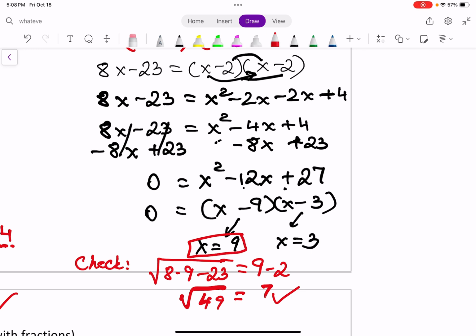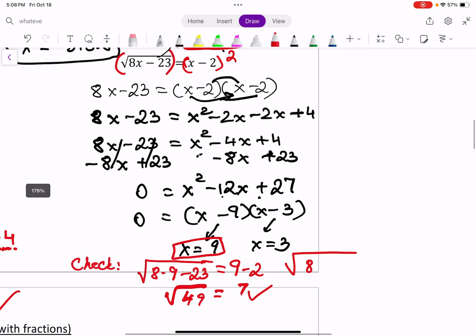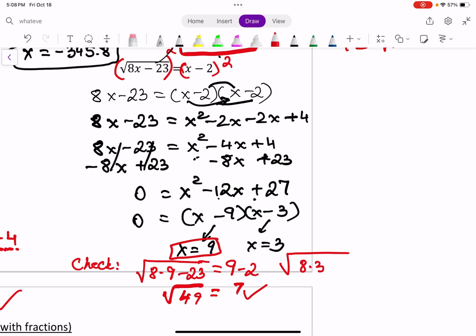And here, when you check 3, is the square root of 8 times 3 minus 23 equal to 3 minus 2? So again, this looks promising as well because you see a positive number across. Again, that's 24 minus 23, which is 1, and the square root of 1 is 1. So both these answers are okay this time.